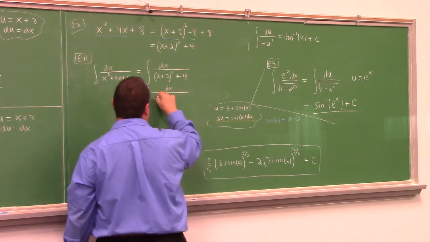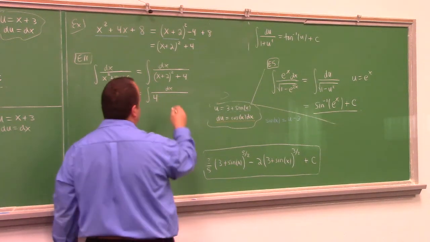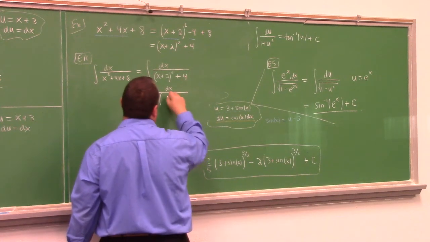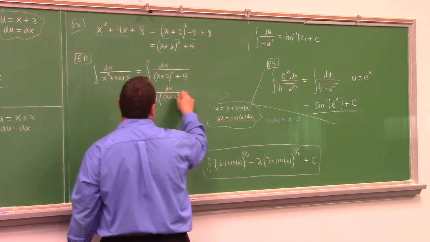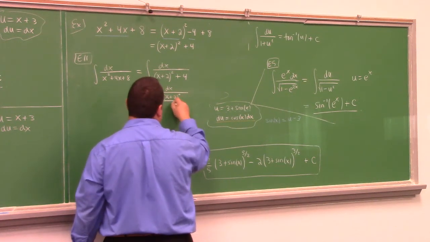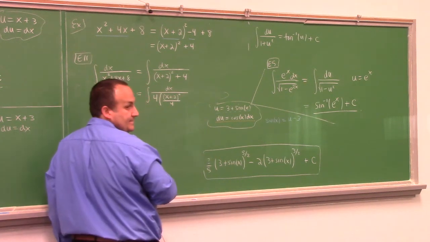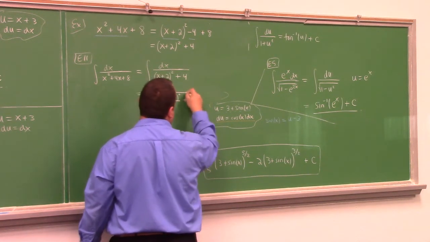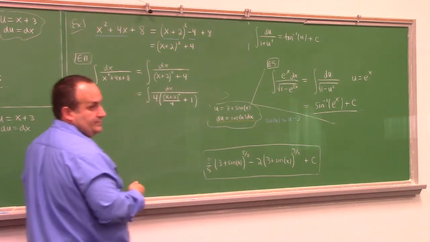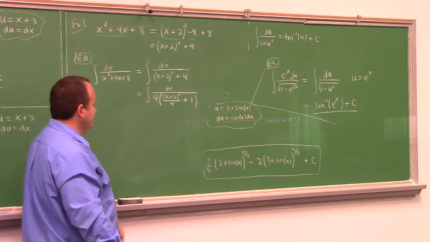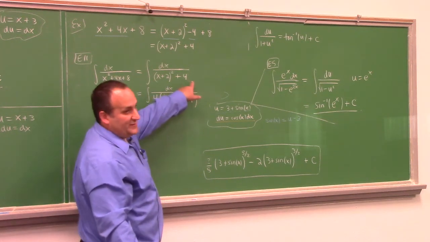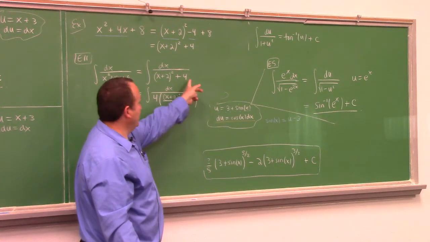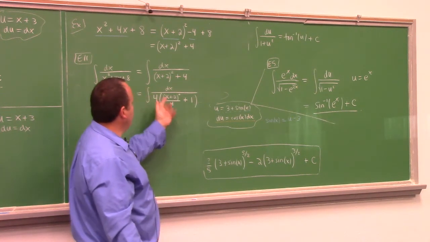We want to factor 4 out, but we have to factor it out of the denominator, right? Now, so I have to put x plus 2 squared divided by 4. And factoring 4 out of 4 just gives me a 1. 4 times 1 is 4 again, right? 4 times this is x plus 2 squared again.